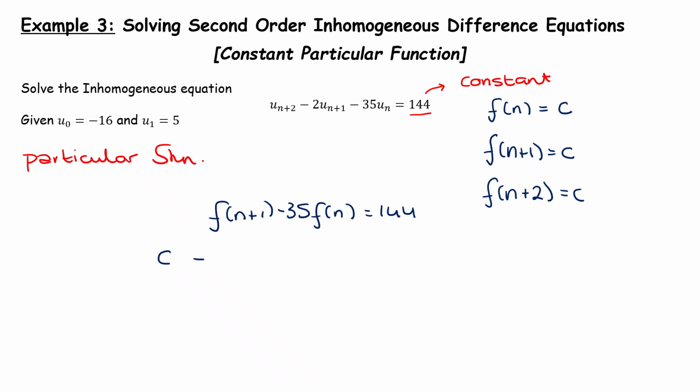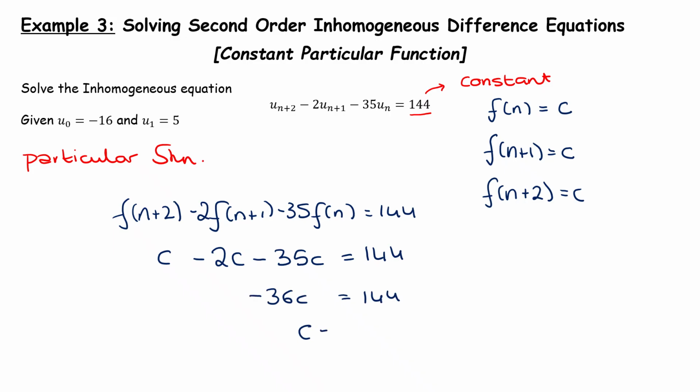So that should be f of n plus 2, and that should be minus 2 times f of n plus 1. So that's c minus 2c minus 35c equals 144. So that gives us minus 36c is equal to 144, and c then equals minus 144 divided by 36, and that gives us minus 4.